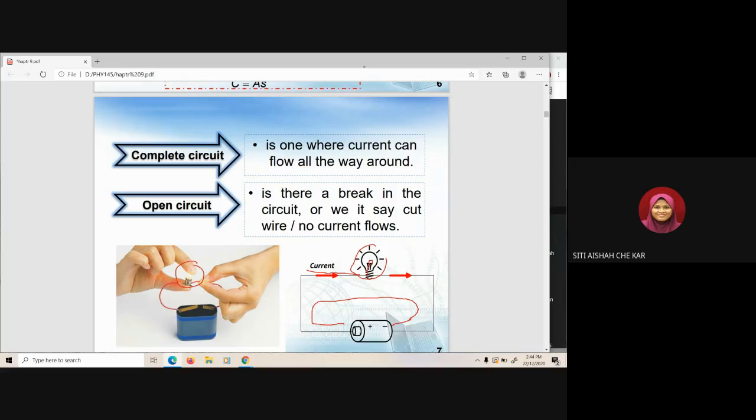That's why bulb menyala. Katakanlah the wire is broken, putus. So what happened to this bulb? On ke off? Off. So this one we call open circuit. If the circuit is not complete, there is no current flow.